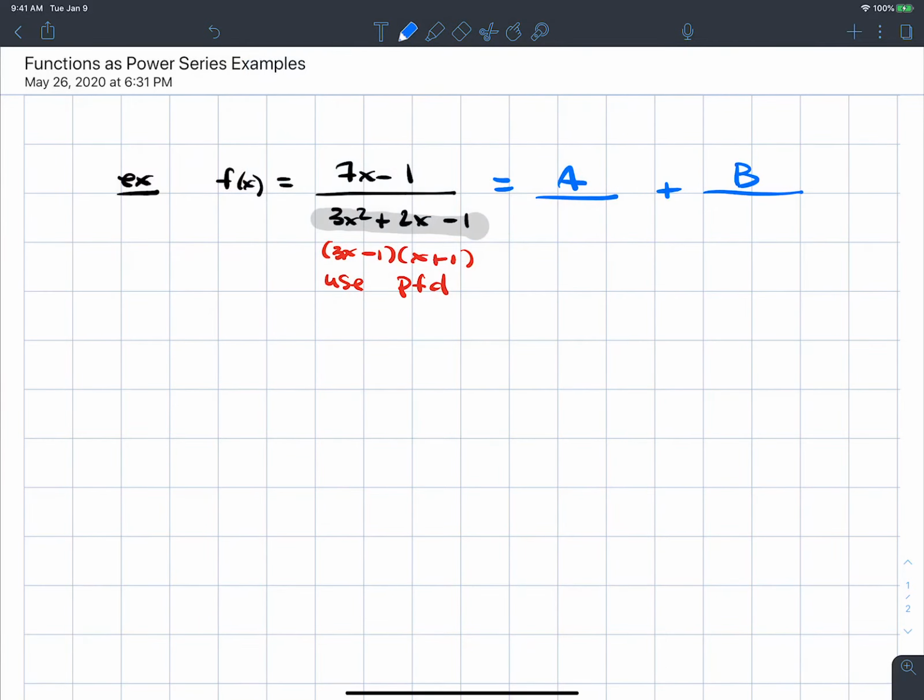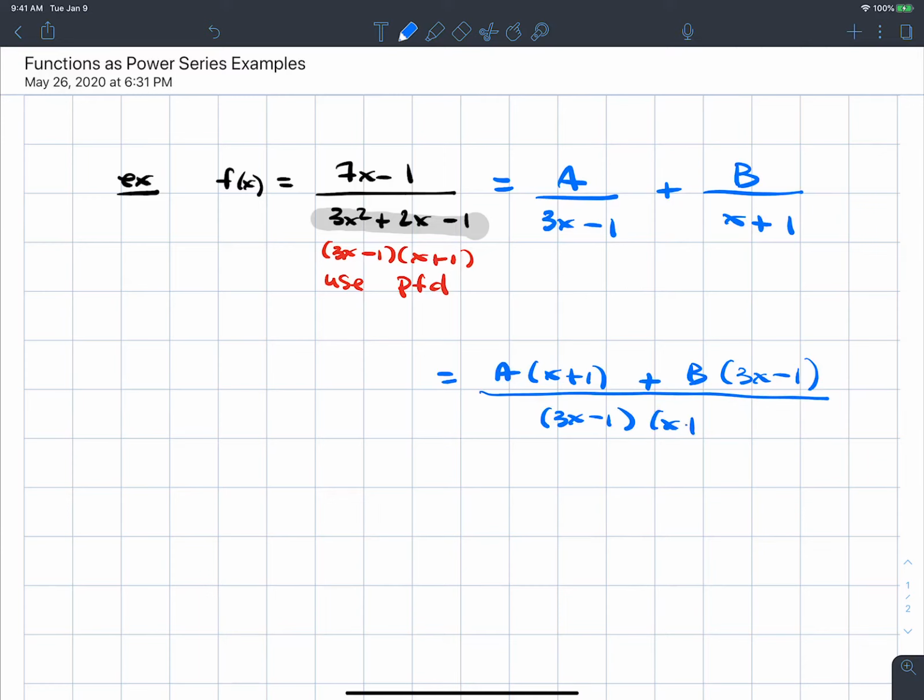So by partial fraction decomposition, we have 3x - 1 down here and x + 1. On the right side, remember we get A times (x + 1) plus B times (3x - 1), and everything over (3x - 1)(x + 1).